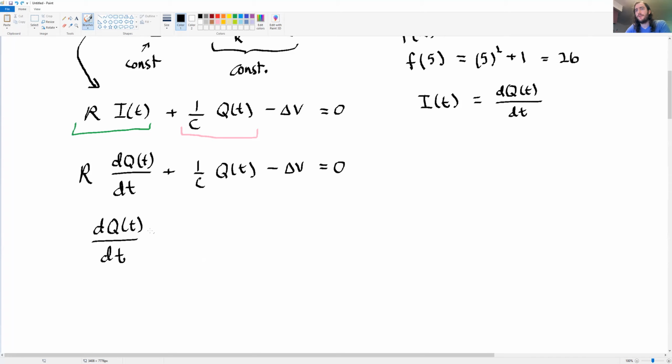No, let's leave everything on the same side here. So 1 over RC Q of t minus delta V. Actually, we probably should move the delta V to the other side, because we can do this by integration factor. Okay, so that's what we'll do. We'll move the delta V to the other side.